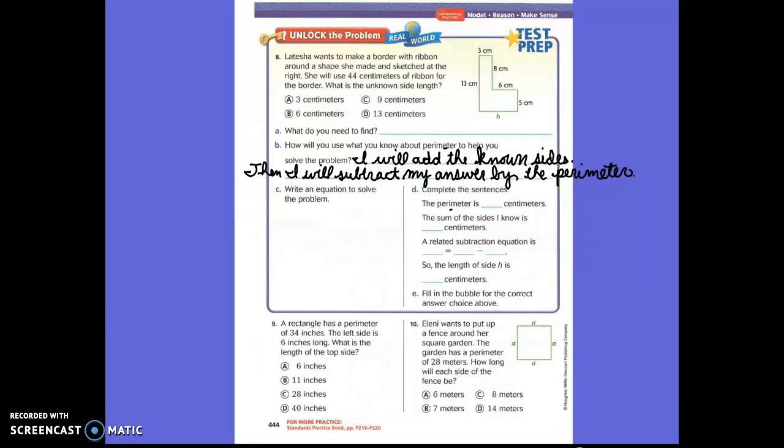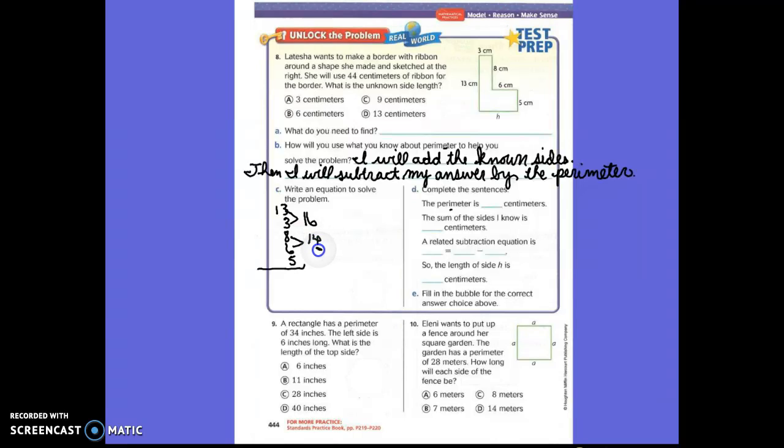Okay, so let's do what we said we're going to do. You're going to add up all the sides, so let's do that. We have 13 and 3 and 8 and 6 and 5. Alright, so 13 and 3 is how much? 16. 8 and 6 is how much? 14.